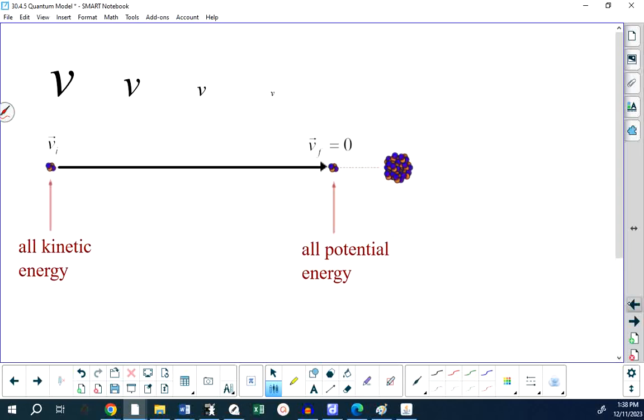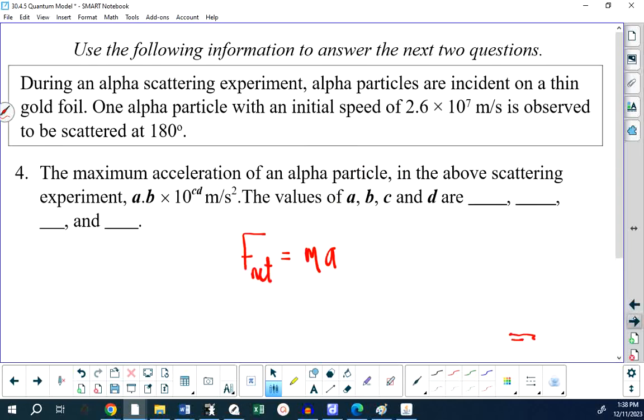And that net force here is the electric force between the two particles, between the nucleus and the alpha particle. But this is a force now. This is about force. The first question we did was solved using energy. So now that we know what R is, the distance of closest approach, we can calculate the electric force and set it equal to ma.